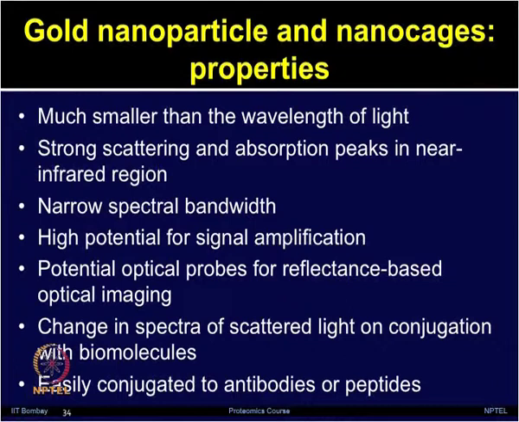They have potential as optical probes for reflectance based optical imaging. The change in the spectra of scattered light on conjugation with biomolecules occurs while using these gold nanoparticles and nano cages. They can be easily conjugated to antibodies or peptides.